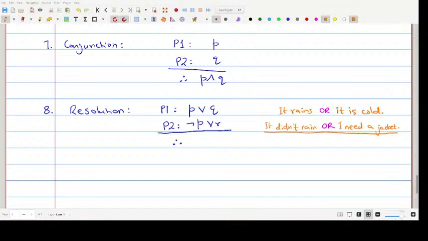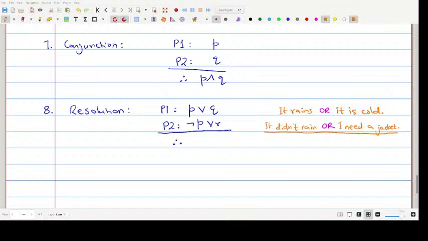We are considering a statement: it rains or it is cold. The second statement says that it did not rain or I need a jacket. So somehow the parts of the statements, namely it rains and it didn't rain, become dysfunctional in imparting meaning to the entire argument.